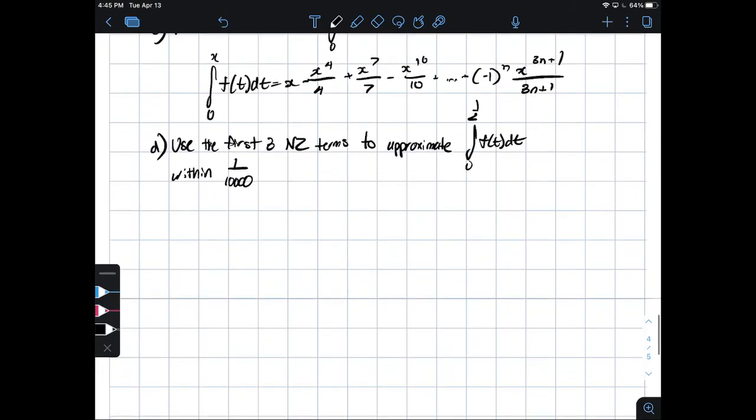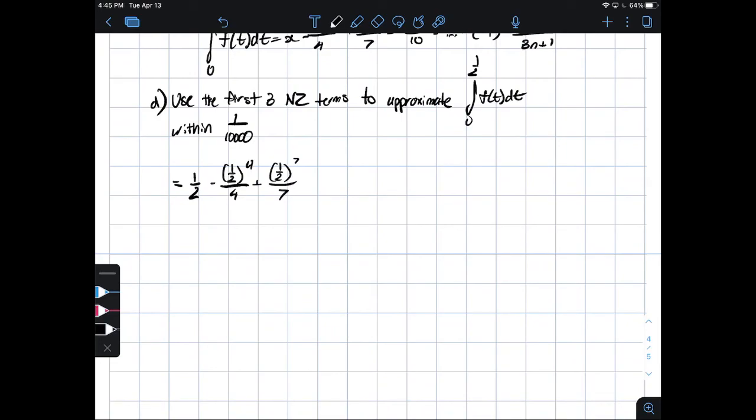So first we're going to write our first 3 terms. And remember, our x is essentially 1/2 now. So we're going to have 1/2 minus 1/2 to the 4th over 4 plus 1/2 to the 7th over 7. And that's actually it.